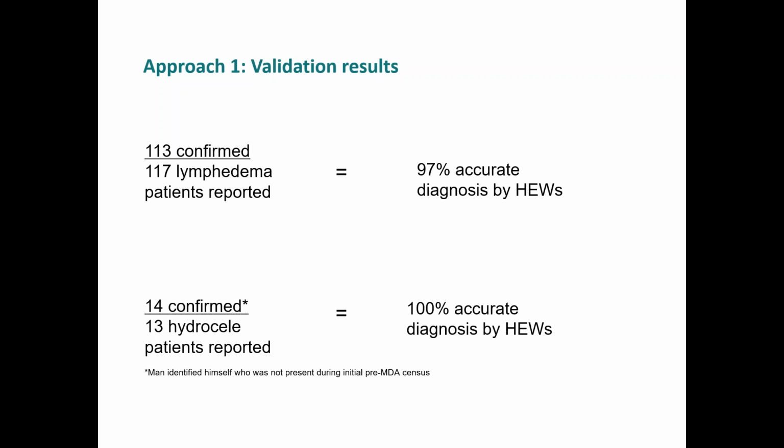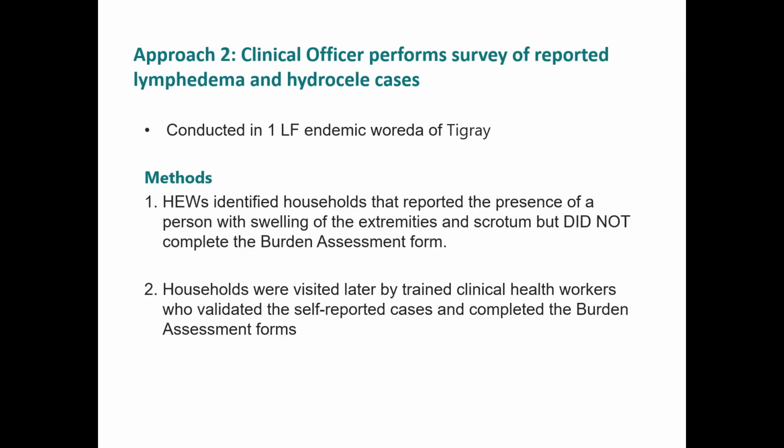And again, for the hydrocele, 13 hydrocele patients were reported within those villages, and 14 of them were confirmed as hydrocele by the clinical health workers, which is 100% accuracy. Here, for the hydrocele, we had an additional one patient who was not present during the initial pre-MDA census, but was present for the validation. Next, please.